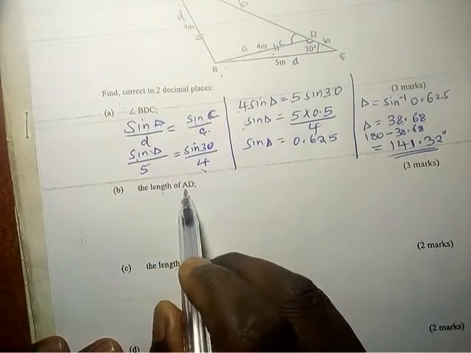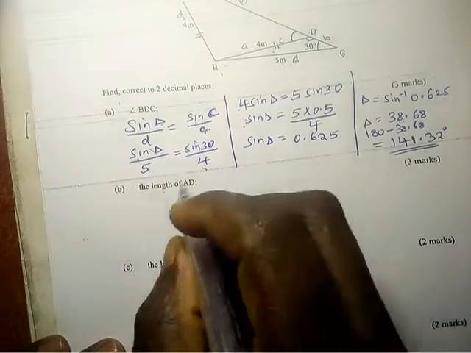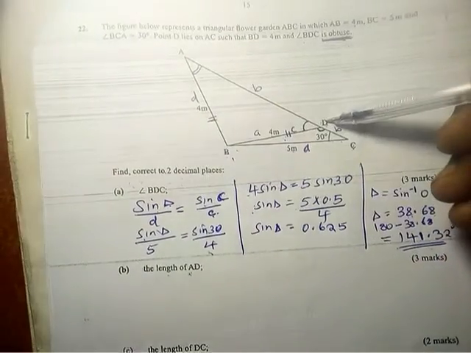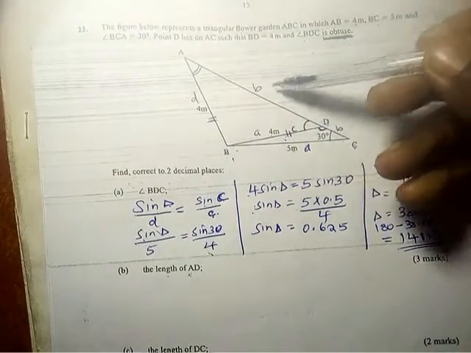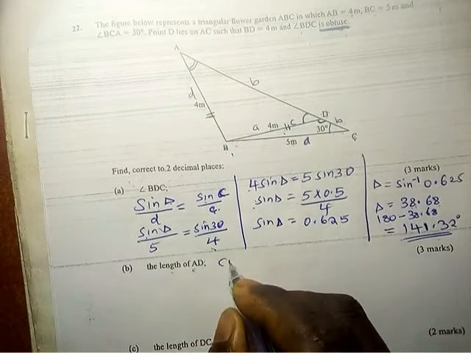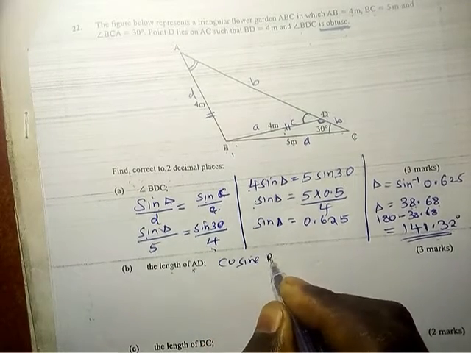Find the length AD. Length AD. So our AD is B. So now we are going to use the cosine rule.